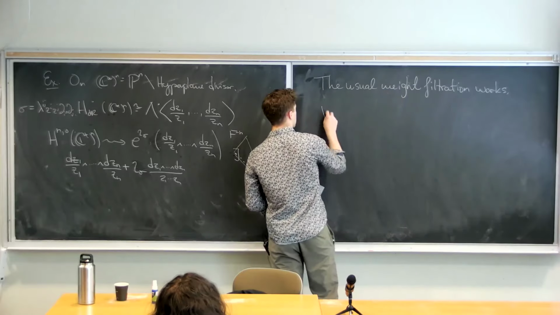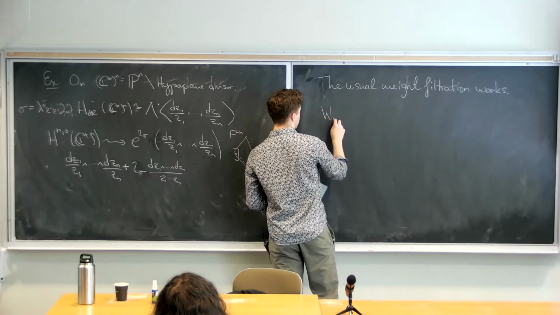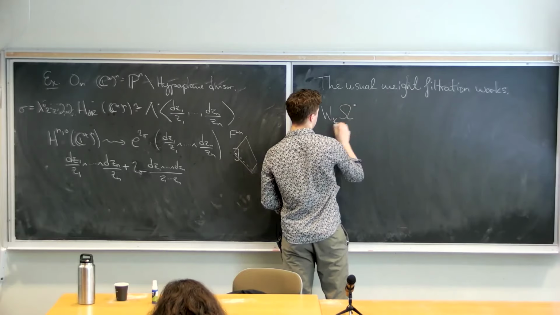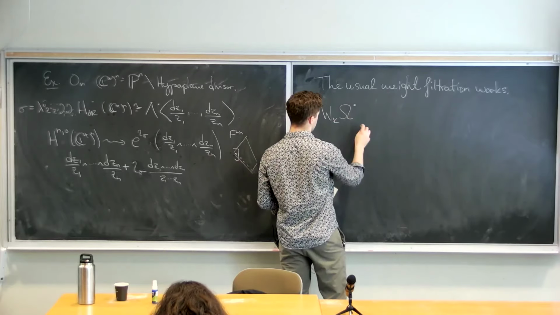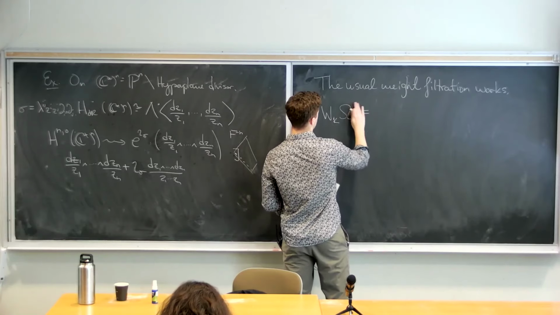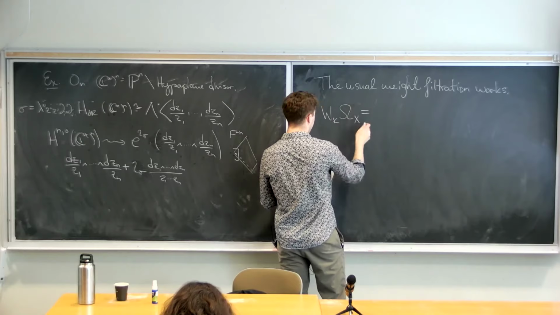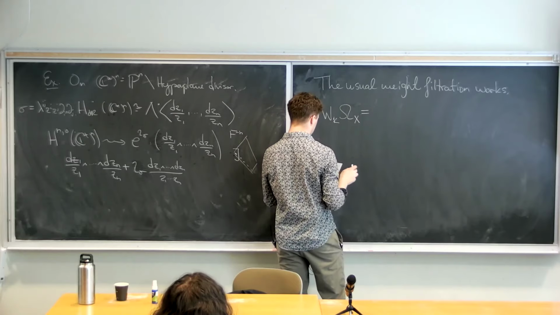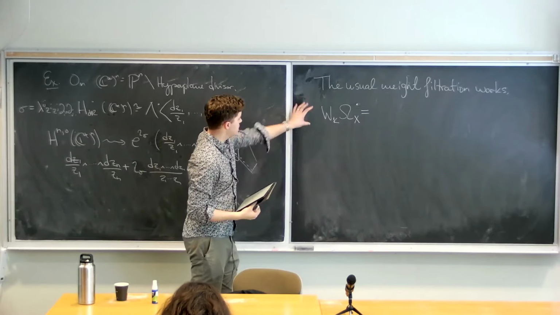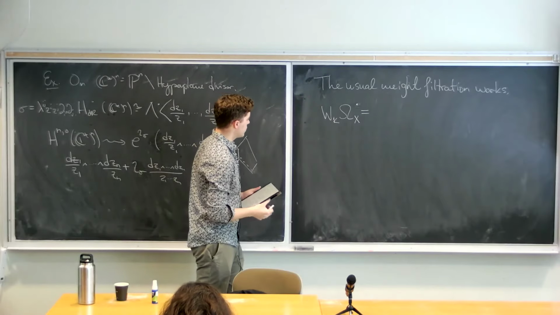So here, the weight k part, I'll put the filtration at chain level, on k forms. Okay, I want to define for you what the weight filtration is on differential forms.